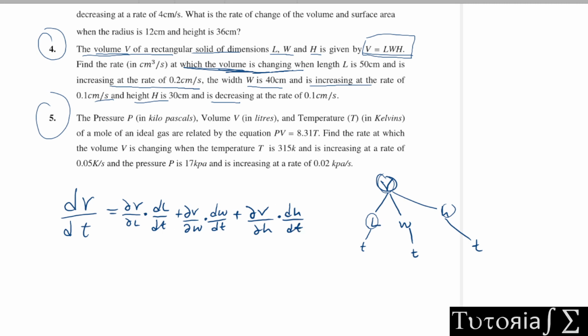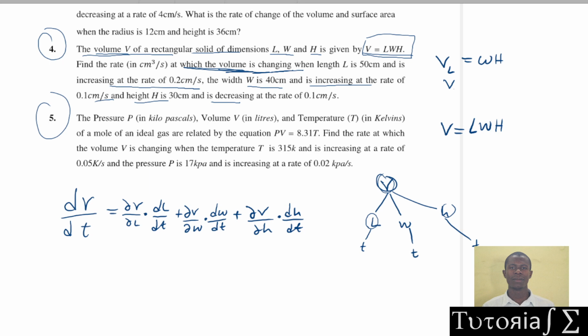So now from here we just replace in the values of the variables. We have V equal to LWH. So V with respect to L: when we find V with respect to L, the L is removed and we remain with WH.